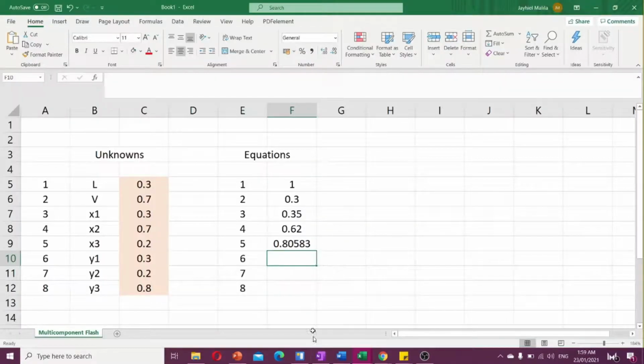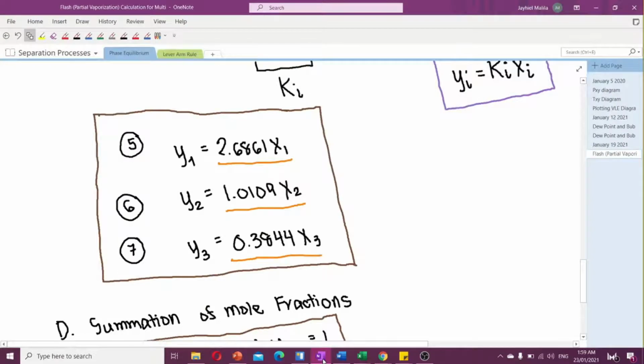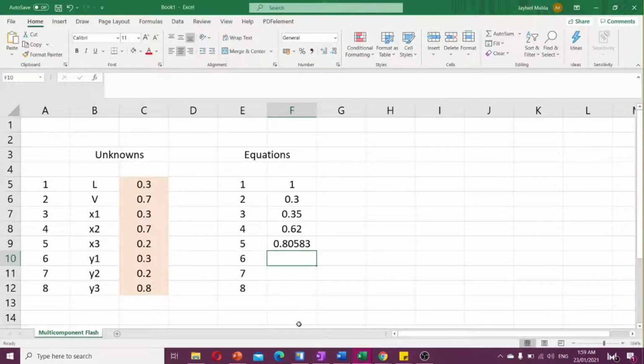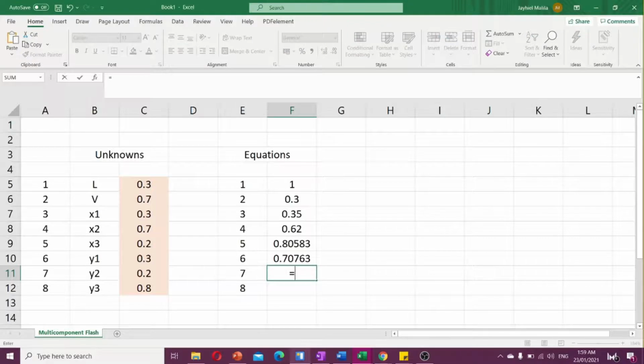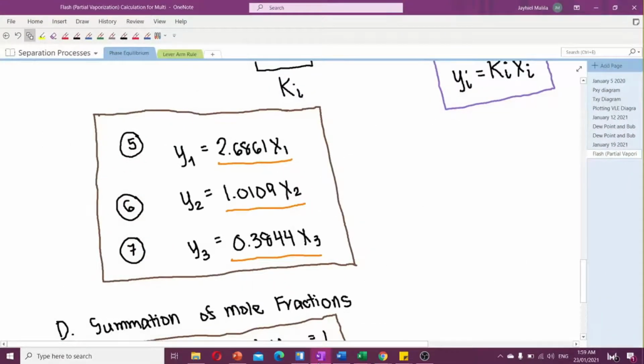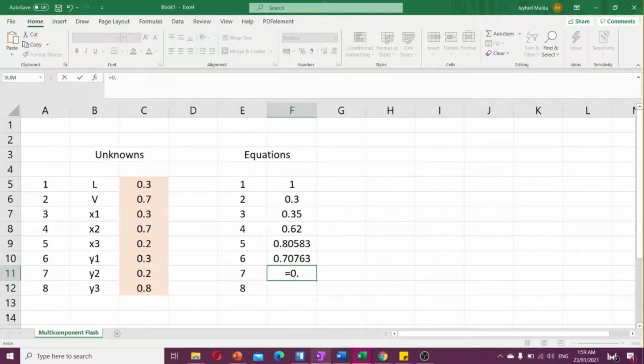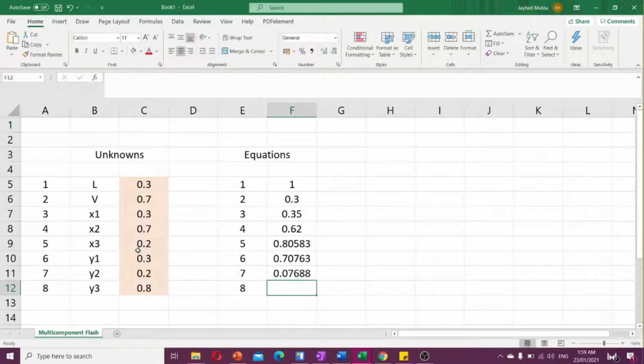The second one is 1.0109 times x2. And for equation number 7, that is 0.3844 times x3. Okay, so we have one last equation.